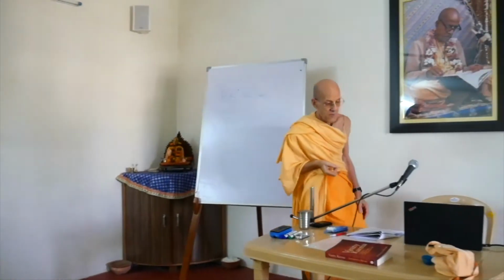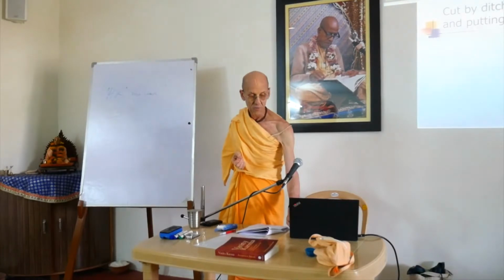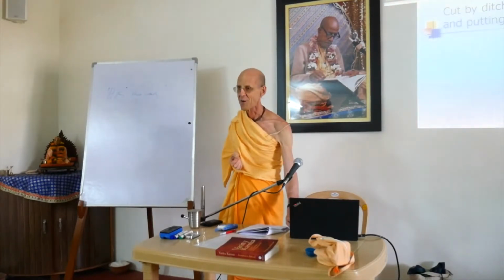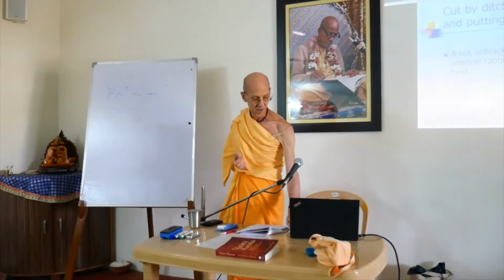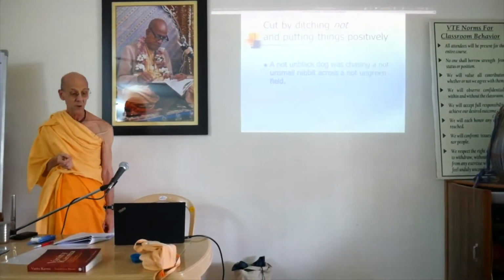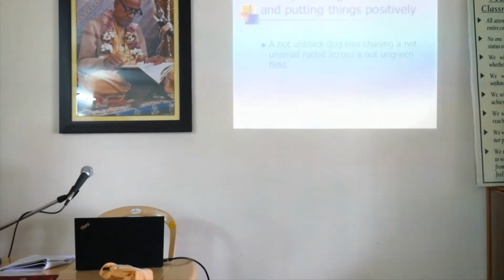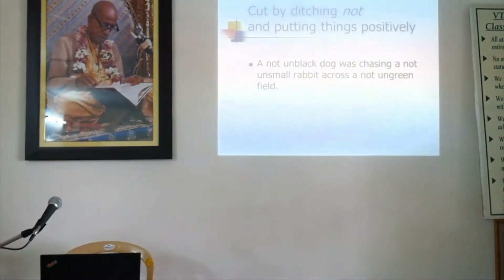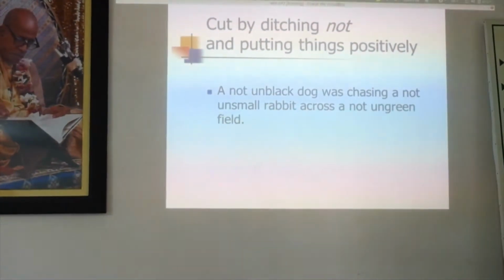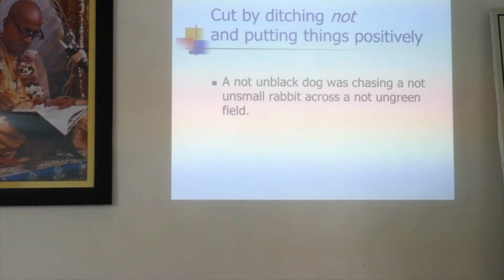George Orwell gave an example of why he was exasperated with overuse of "not" and "un" and negative forms. A not unblack dog was chasing a not unsmall rabbit across a not ungreen field.